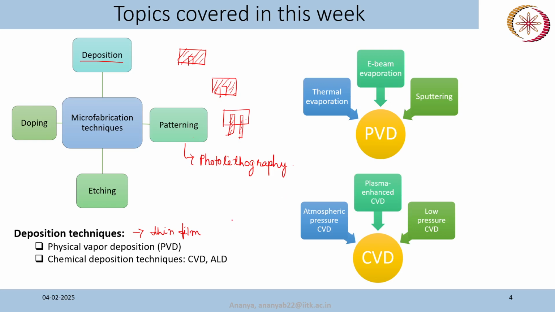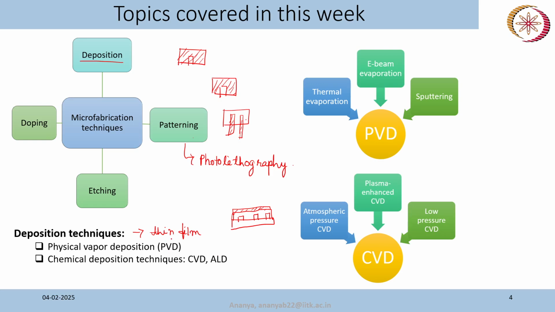Say you have a substrate first, then you already made a micro heater on top of it, and there is an insulating layer on top of it. Now say you want to deposit your thin film over this like this. Say this is your sensing material. Now how can you deposit a thin film of your material of choice?